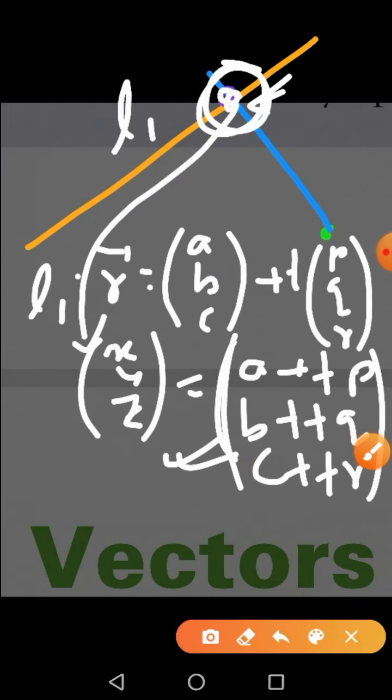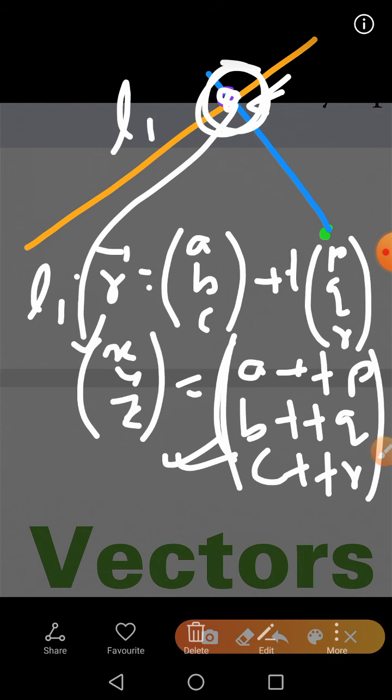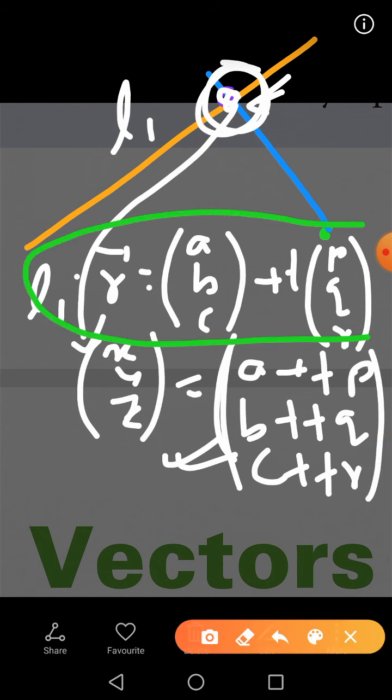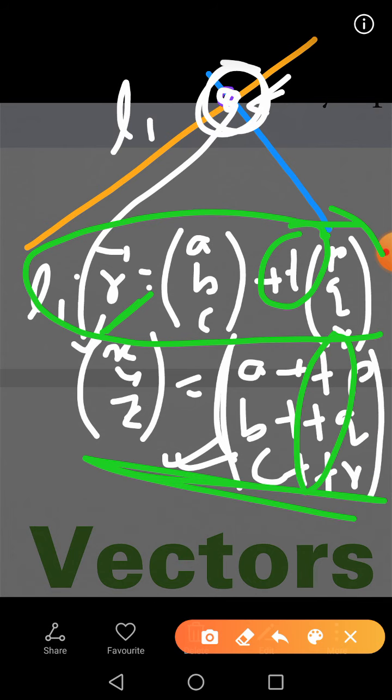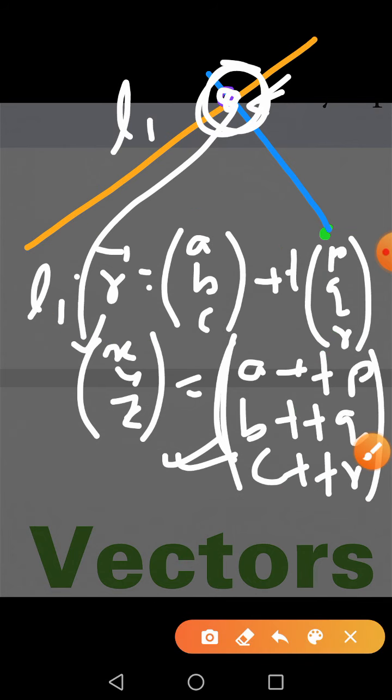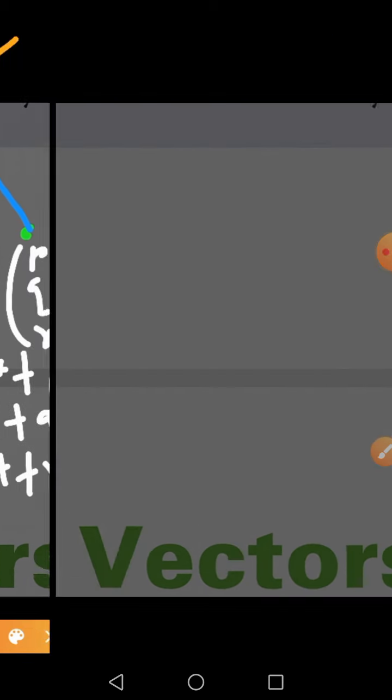You will put these values in the equation of the line, the value of t over here, and find the coordinates of x, y and z. Here are the values of t. This is how you can find the meeting point of the perpendicular line from an external point to another line, just like in this case.